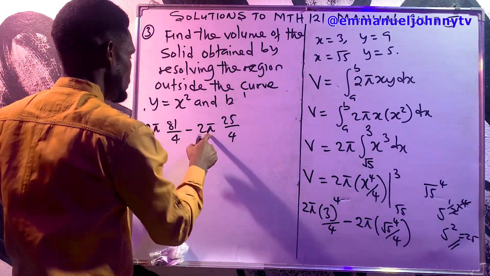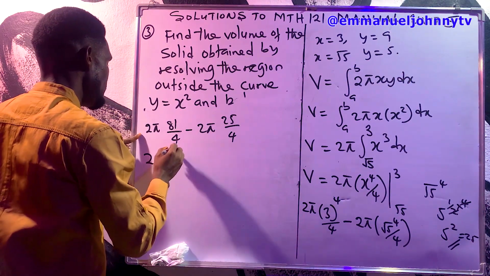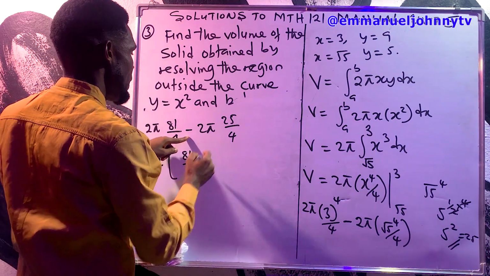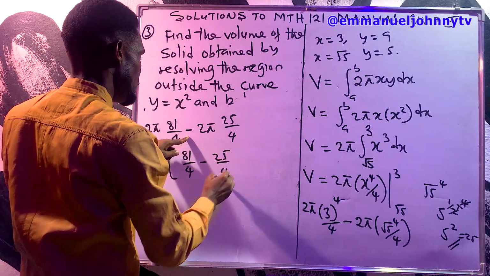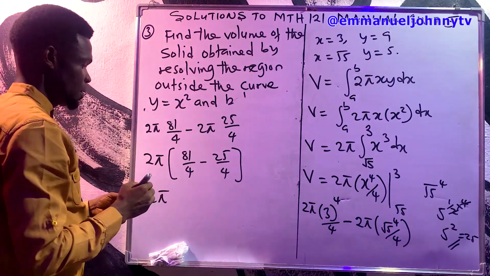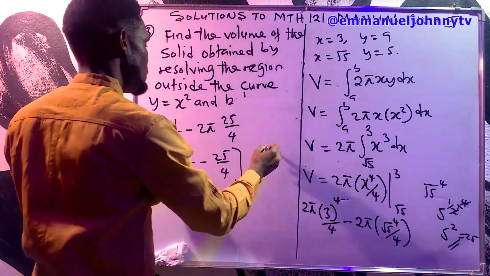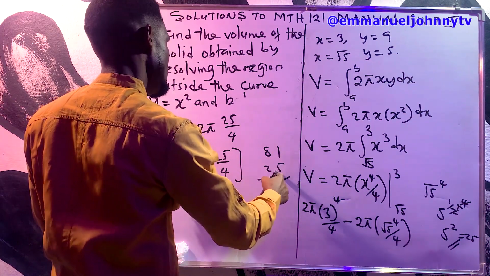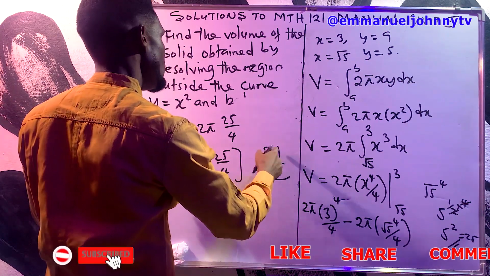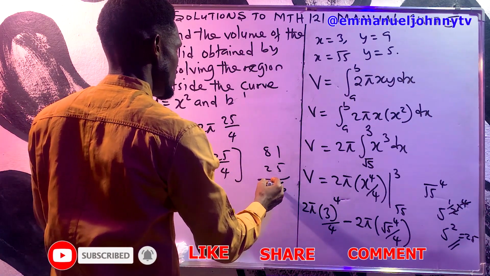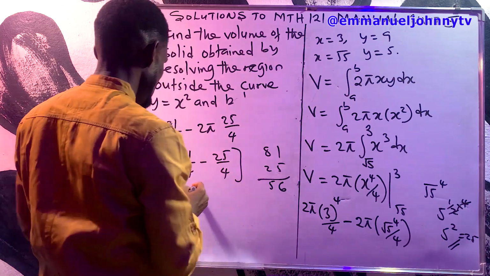So I can factor out 2 pi, here I'll be left with 81 over 4 minus 25 over 4. So this is 2 pi, 81 minus 25, this cannot, so you borrow 1, that is 11 minus 5 is 6, 7 minus 2 is 5.